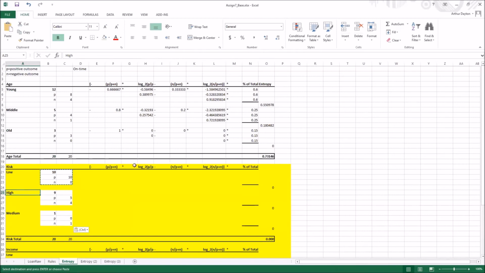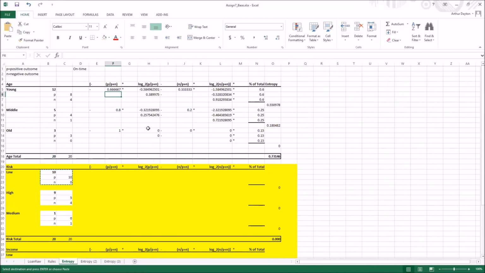All right, then we have this formula given to us by the textbook, where our value is equal to negative positive outcomes divided by total outcomes times the log base 2 of this same calculation, minus the negative outcomes divided by the total outcomes times the log base 2 of that same calculation.